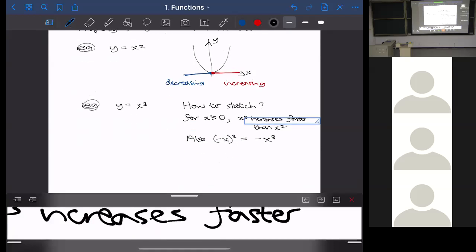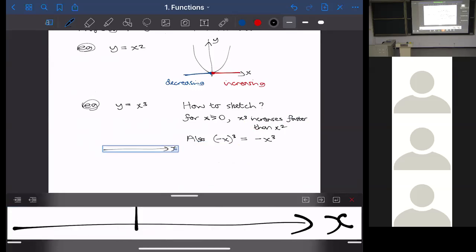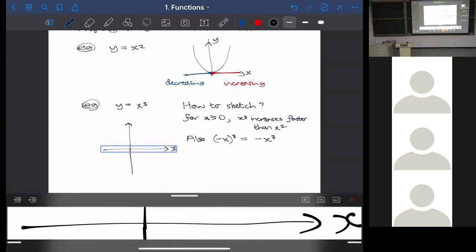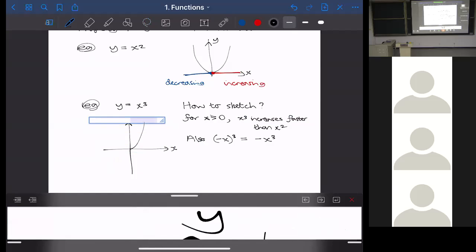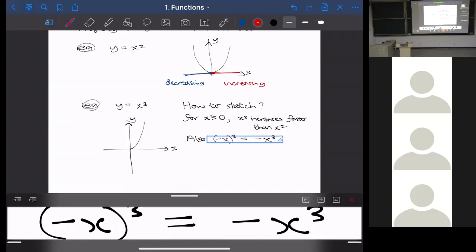So if I can sketch the positive half of the function, if I can sketch the part where x is positive, saying that it goes up faster than x squared, so I'm drawing like that, then I can sketch the part where x is negative, because the value at minus x is the value at x, but negative.